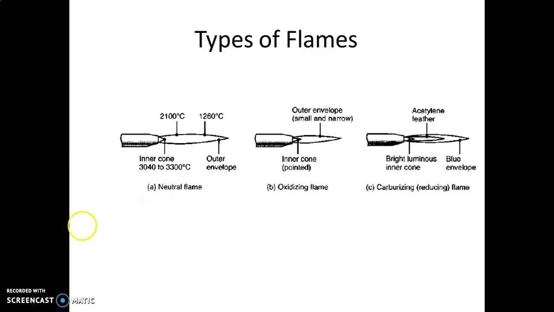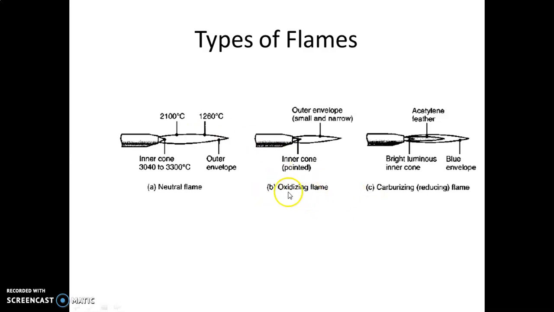In neutral flame, the inner cone has maximum temperature, in the range of 3040 degrees Celsius to 3300 degrees Celsius. The outer cone, or outer envelope, has a temperature that is much less compared to the inner cone, that is 1260 degrees Celsius, and the in-between phase has a temperature of 2100 degrees Celsius.